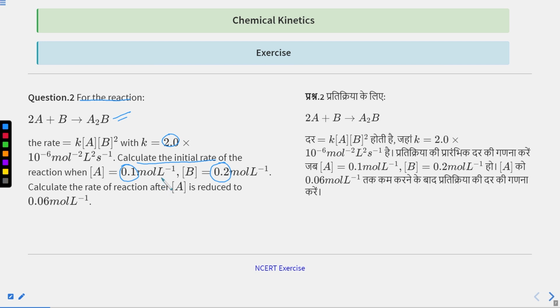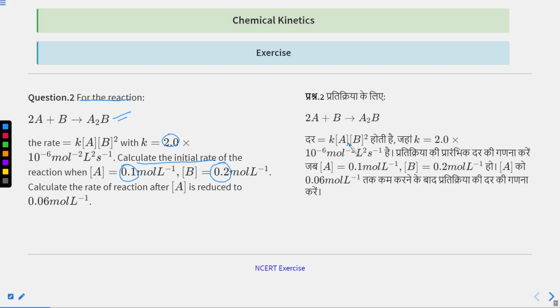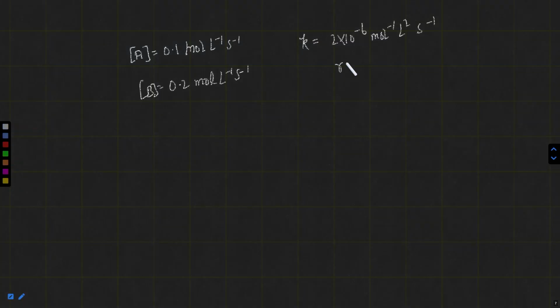That is k equals 2 into 10 to the power minus 6, mole^(-2) liter^2 s^(-1), that is, mole minus 2, liter plus 2, and per second. Also, we are given the rate expression R equals k[A][B]^2.